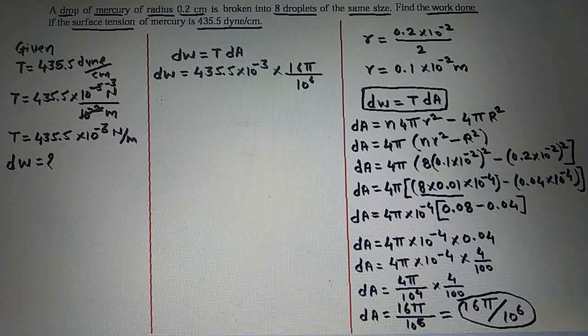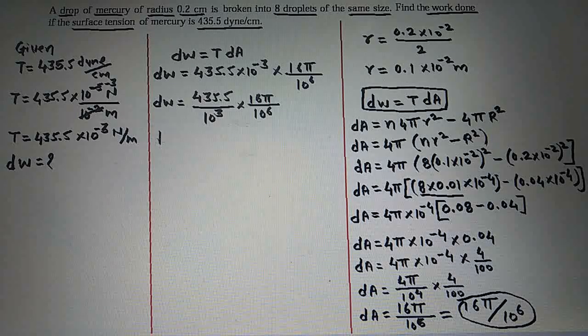Then we can write this dW as 435.5 divided by this 10 raised to minus 3, we can write this as 10 raised to plus 3 in denominator into 16 pi divided by 10 raised to 6.